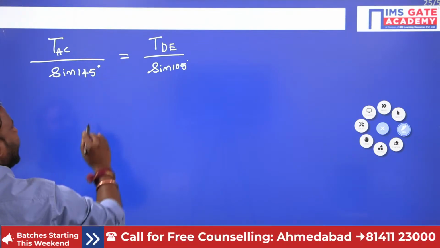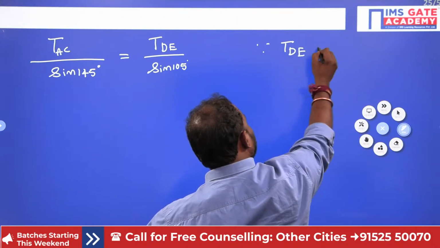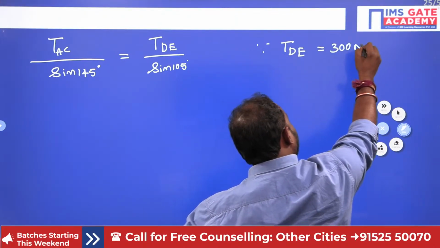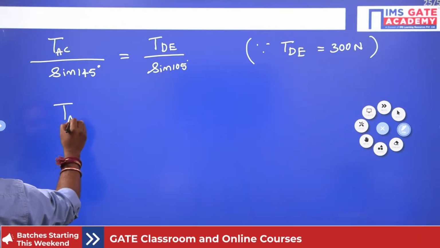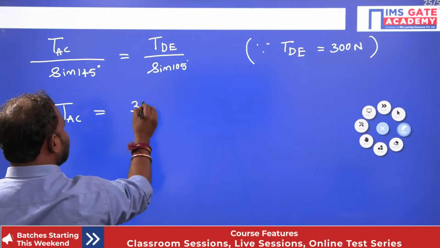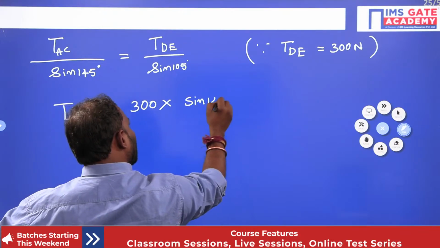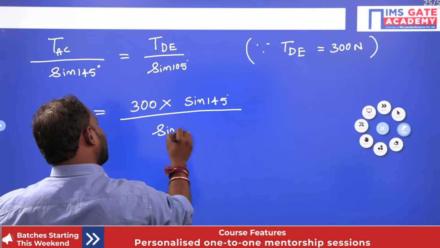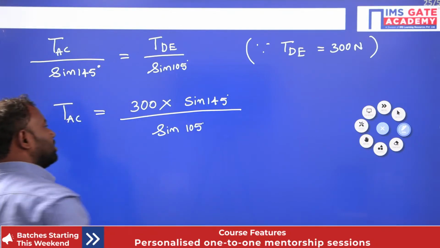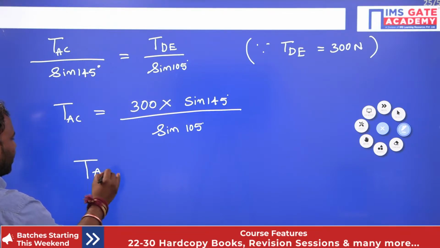Now we know that TDE equal to 300 newtons. Now let us substitute that. TAC equal to 300 into sine 135 degree divided by sine 105 degree. Now solve that, then you are going to get your TAC.